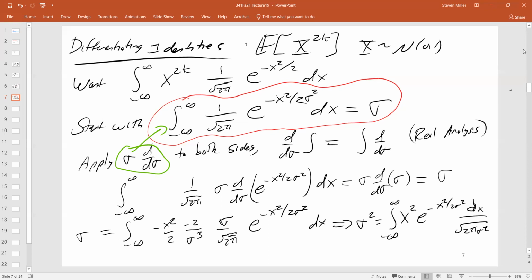We just applied sigma d by d sigma, and when we did that, it brought down an x squared. If we were to do it again, we would bring down another x squared and we can get the fourth one. And so we don't have to be clever and figure out that we should do the integration by parts by actually splitting up the x squared as x times x and putting one of the x's in.